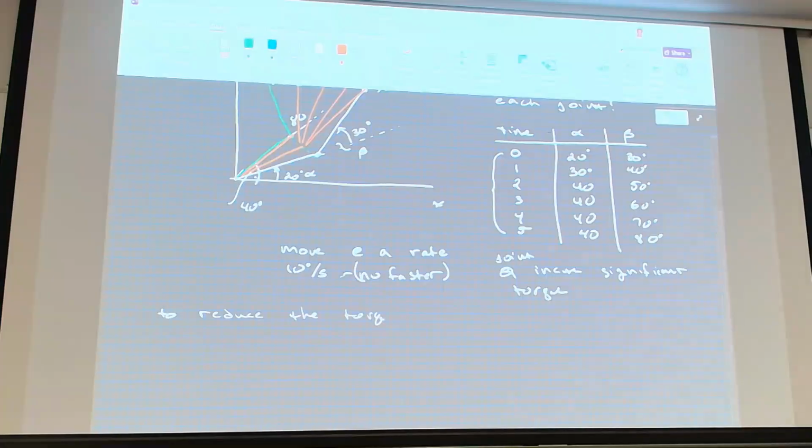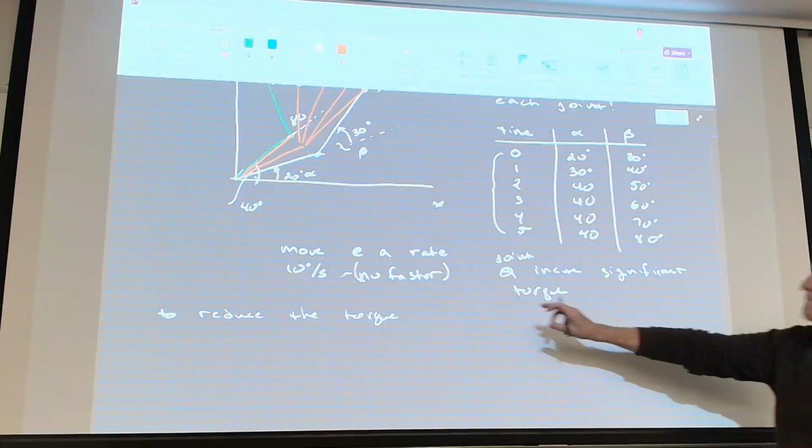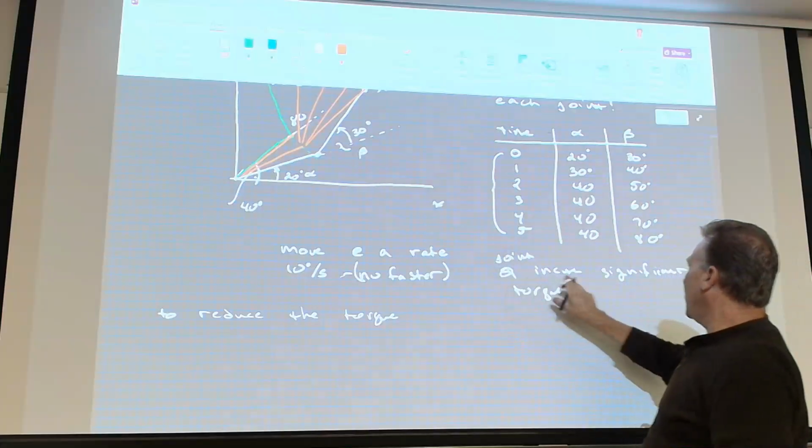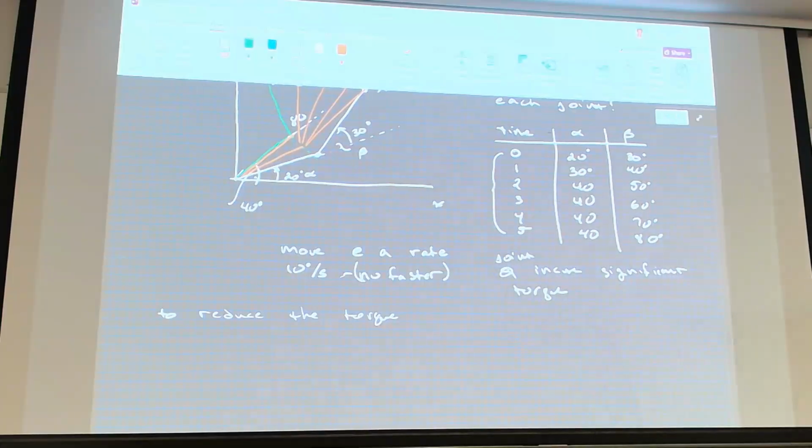Professor, what is it said right there? Like in joint theta 1? Joint theta 1 incurs significant torque. Oh. To reduce the torque at joint 1, we can reduce our rate of theta dot.